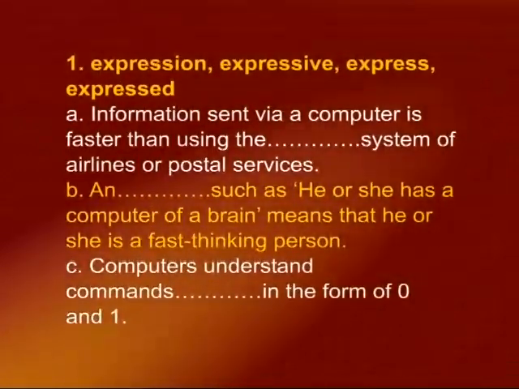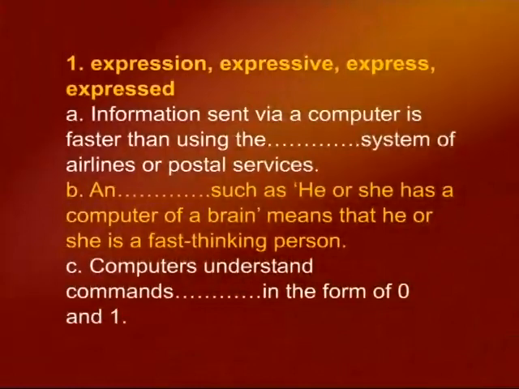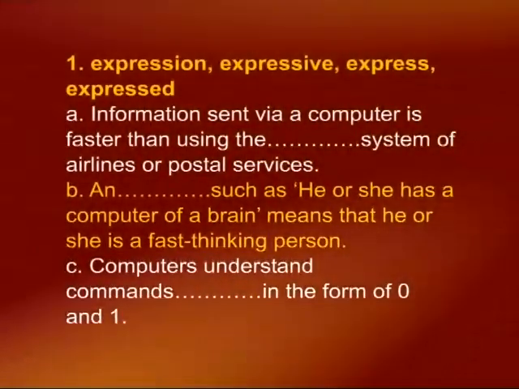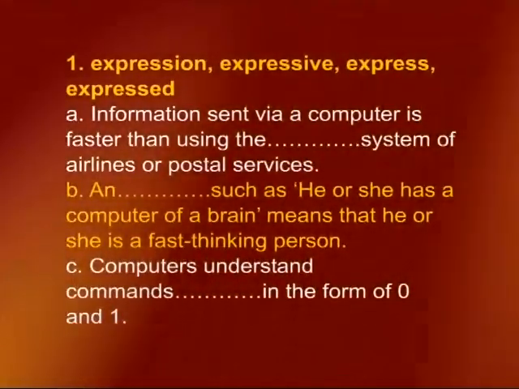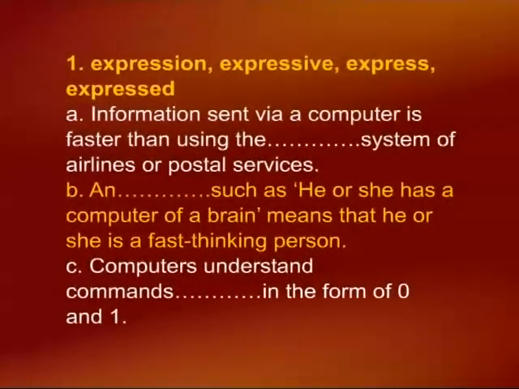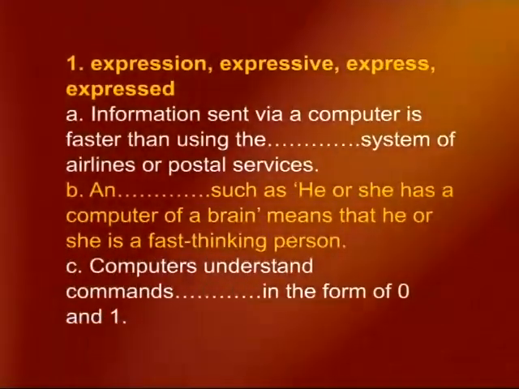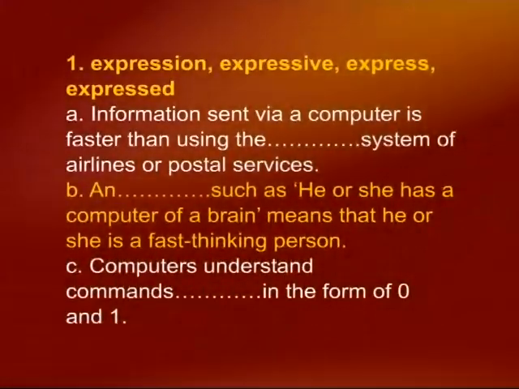You've got many expressions. Tit for tat, that's an expression, right? A computer of a brain, that's an expression. And C, computers understand commands in the form of 0 and 1. And the word is expressed.